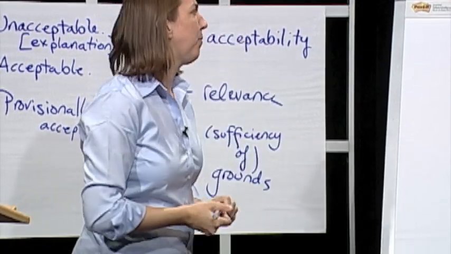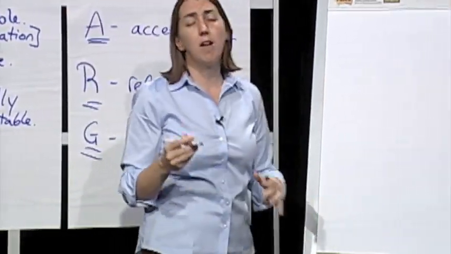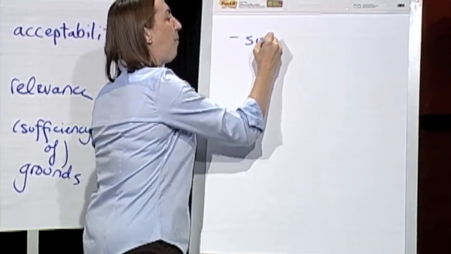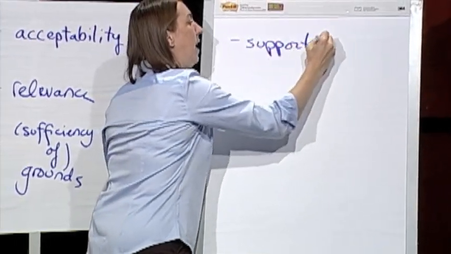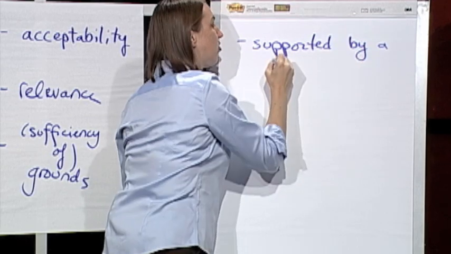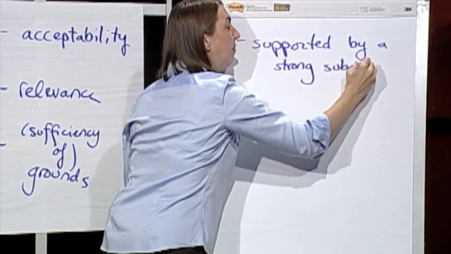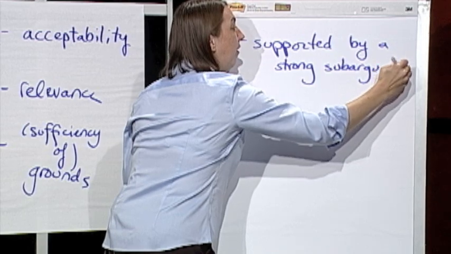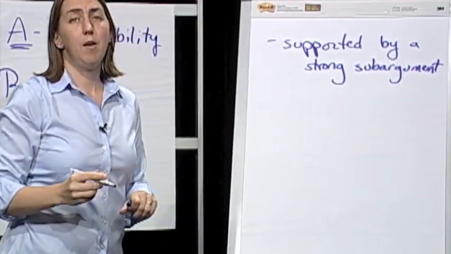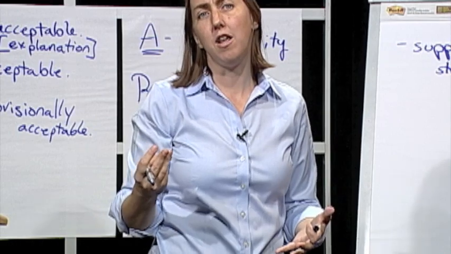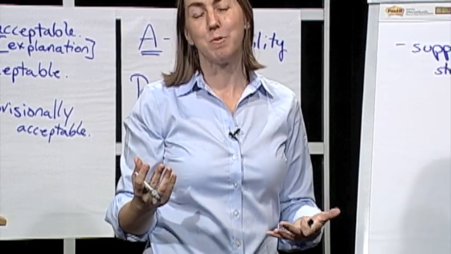So, what could make a premise acceptable? The first one, ironically enough, is one that you're not licensed to use yet. A premise can be acceptable if it's supported by a strong sub-argument within the argument. Now, why can't you use this yet? Well, because we've only started on the very first of 3 steps that we're going to need in order to determine whether an argument is persuasive.